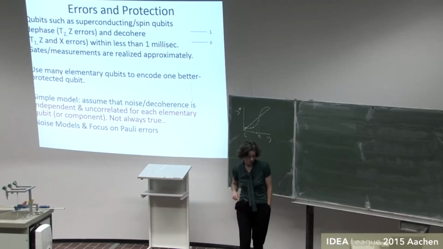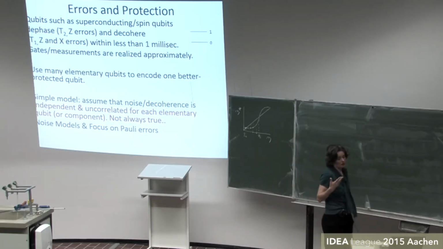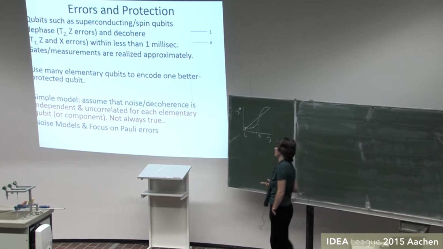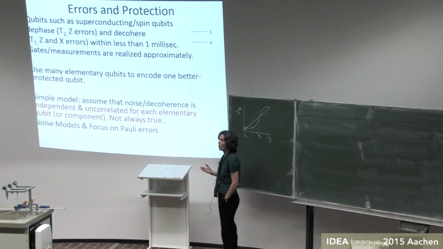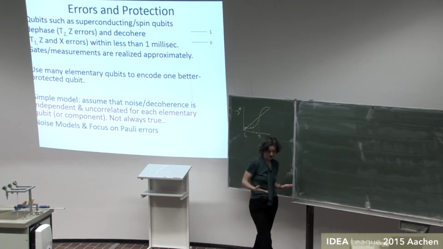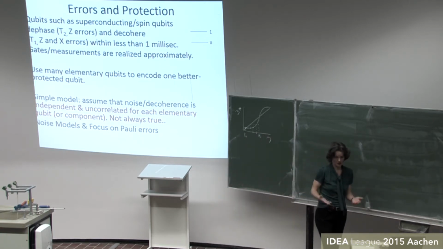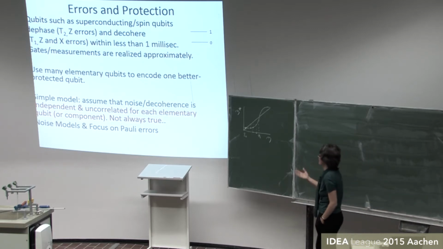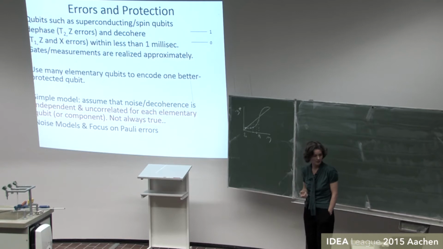We also typically assume in these numerical studies that there's no memory, so the noise is Markovian. So the environment, if we want to describe the noise using an environment, rapidly forgets what noise has happened. So we can describe the noise by a Lindblad equation, say.